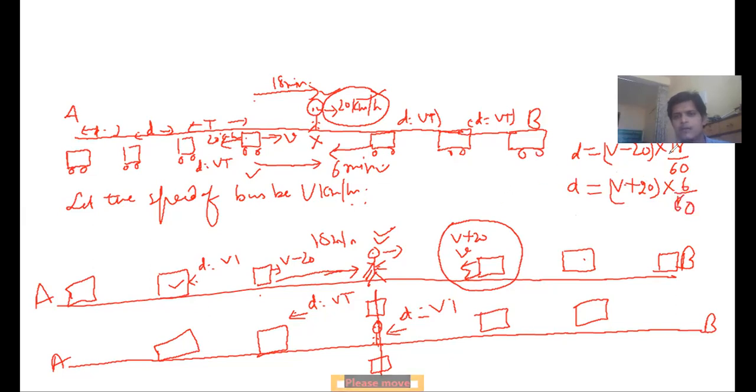We can also understand that if speed is less, it needs more time, and if speed is more, it needs less time. Now we equate these two equations.